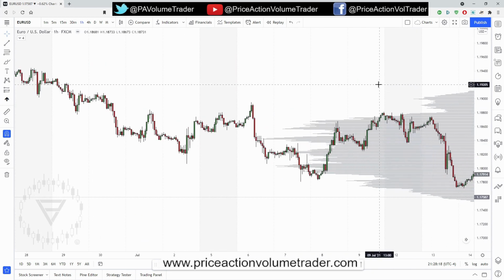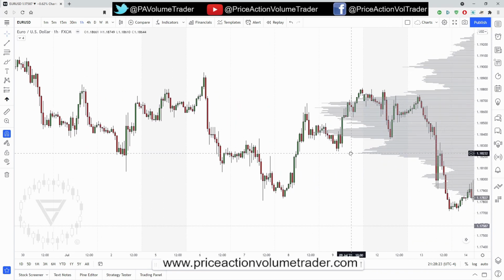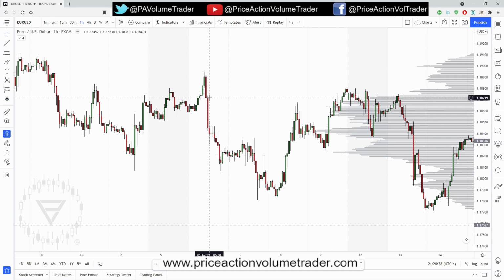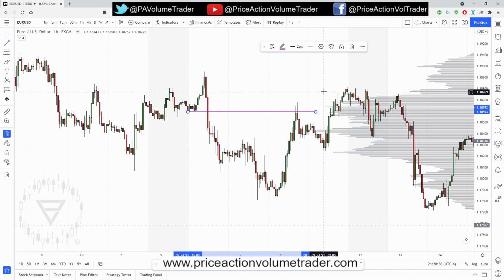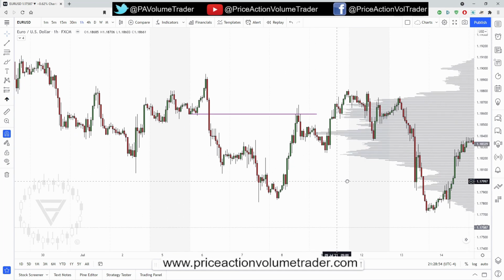For example here, I know obviously this is in hindsight because I'm looking at what happened afterwards, but when we have this impulsive move, the first thing I do is mark the last consolidation, the last move up before we have the breakaway out of this level, and then we just push away.